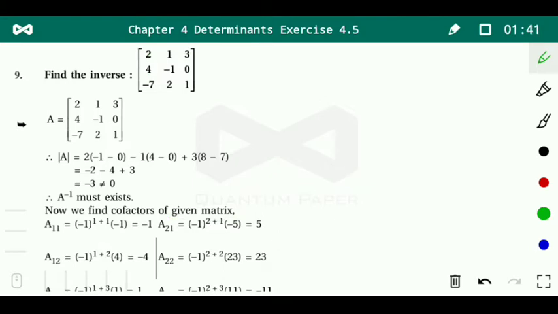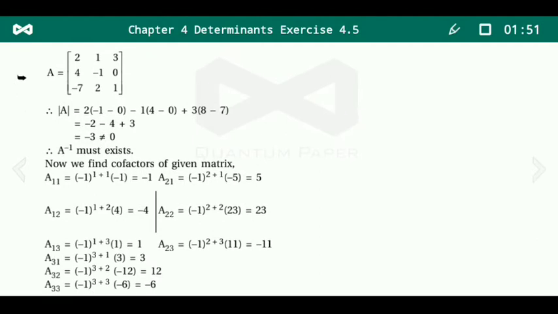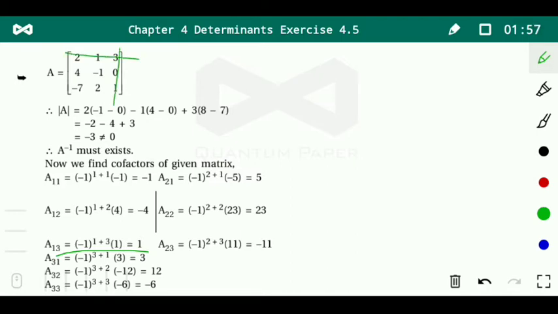Now A12, so we remove the first row and second column. So 4 ones are 4 minus 0, so it will be 4. But minus 1 raised to 3 will be minus 1, so minus 4. Next A13: we remove the first row and third column. So 4 twos are 8 minus 7, so it will be 1. Minus 1 raised to 4 will be 1, and 1 into 1 will be 1.